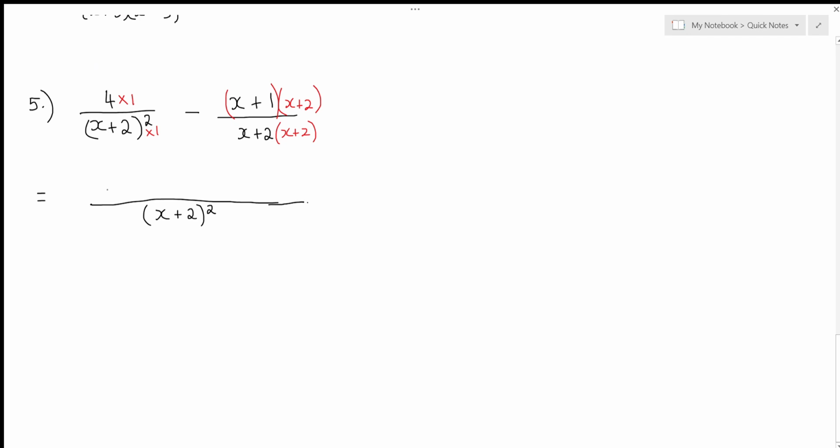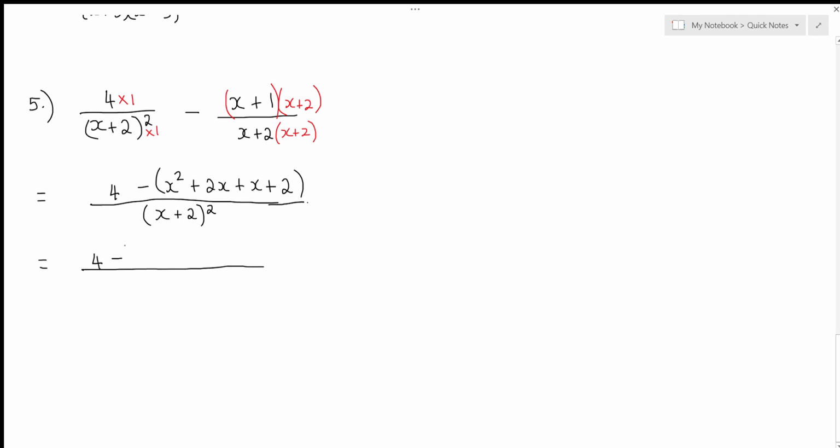So here we're going to have 4 times 1, which would give me 4 minus, and we put our brackets there and we multiply out. So we're going to have x times x, which is x squared, plus 2x, plus your 1x, which would give me x, plus 1 times 2, which would give me 2. So what I'm going to do first is simplify inside the brackets.